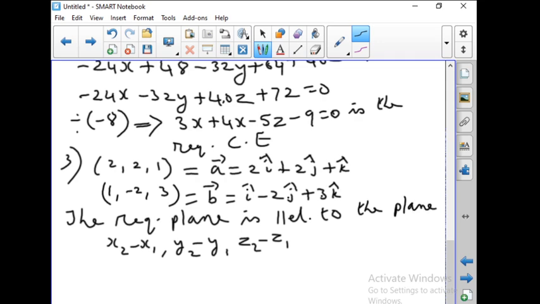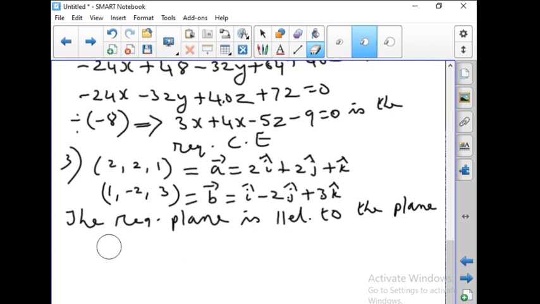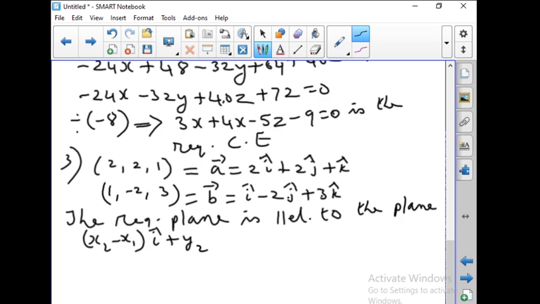So we can take it as (x2 minus x1) i cap plus (y2 minus y1) j cap plus (z2 minus z1) k cap.